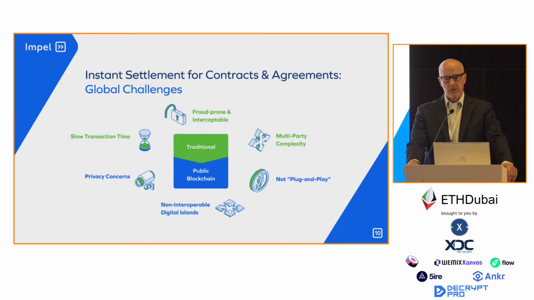The global challenges moving from a traditional to the public blockchain. So we have slow transaction times, fraud, multi-party complexity, privacy concerns, non-interoperable digital islands, and it's not plug and play.